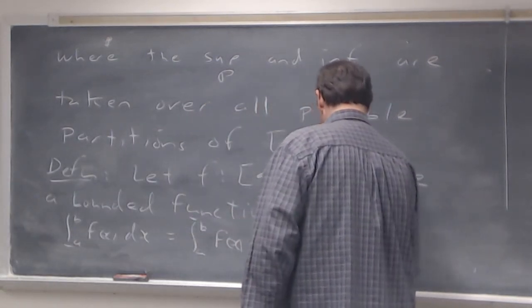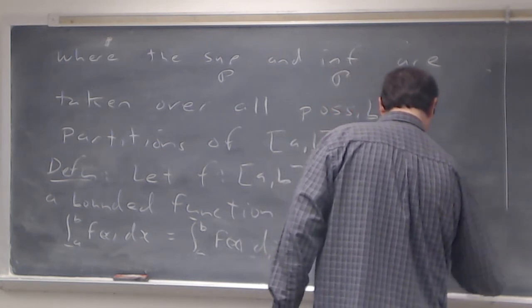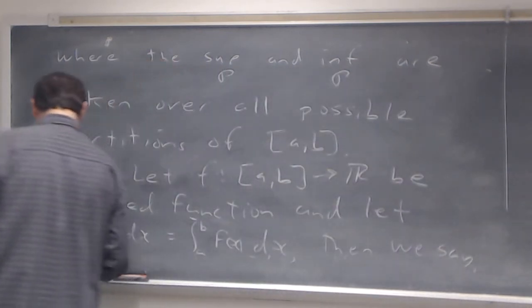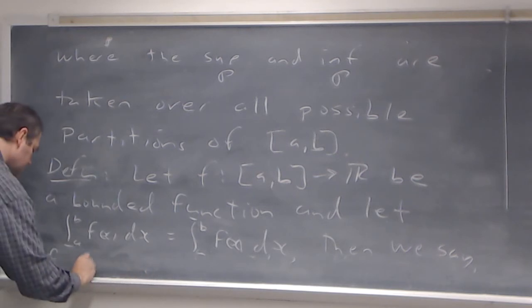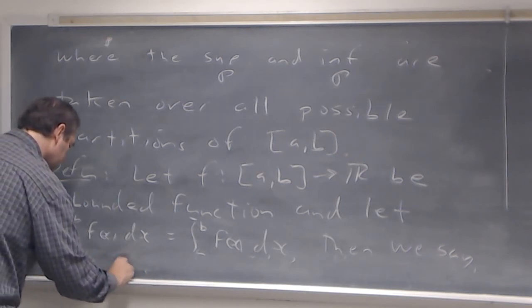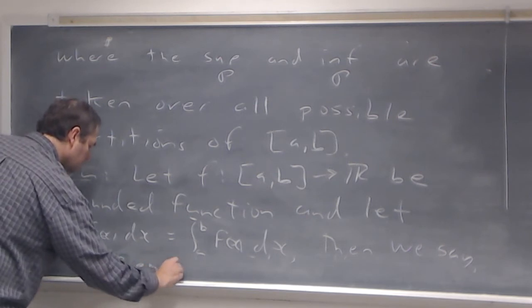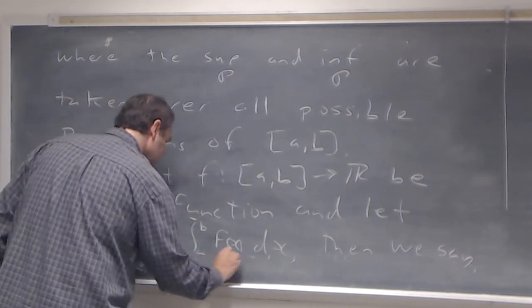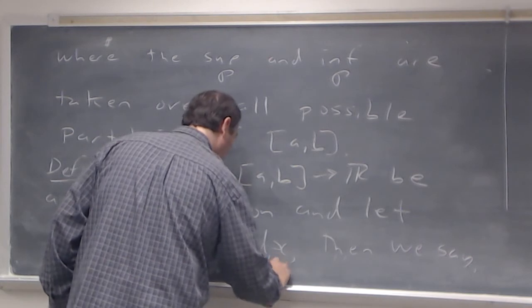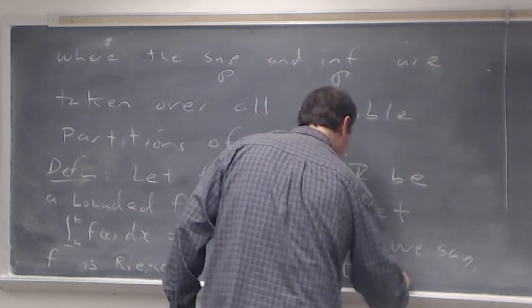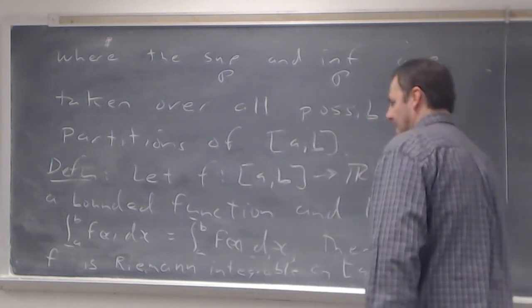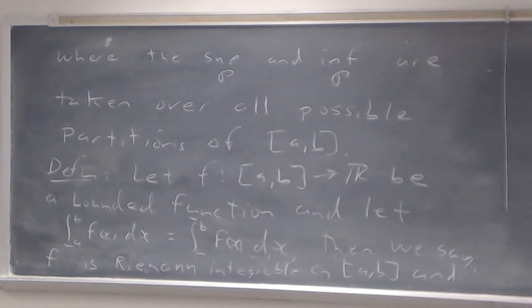Then we say f is Riemann integrable on the closed interval from A to B, and we designate this a certain way.